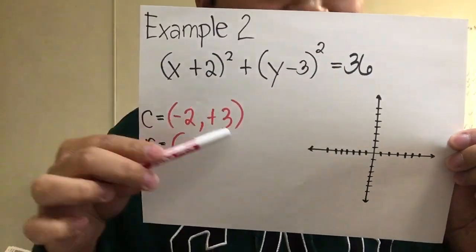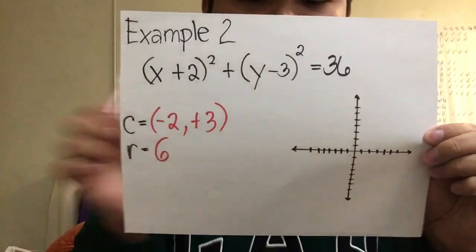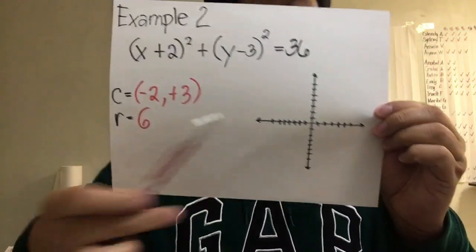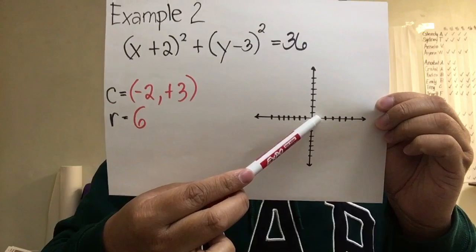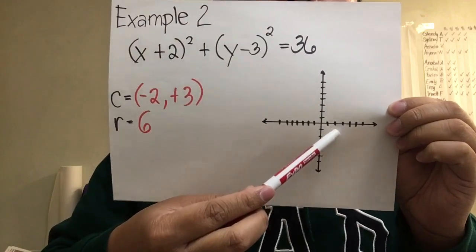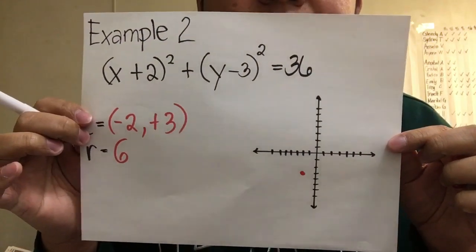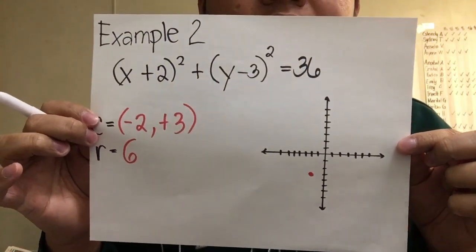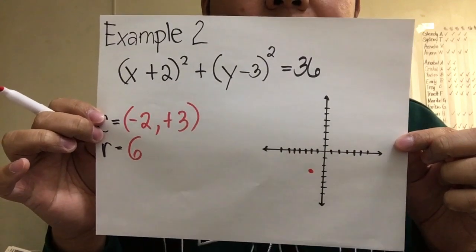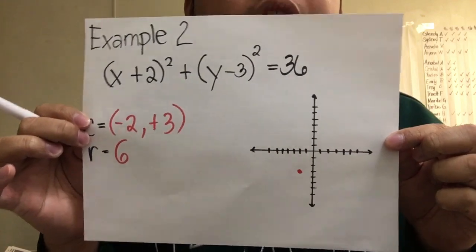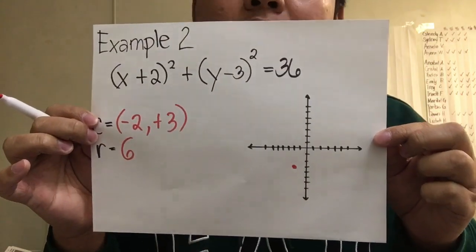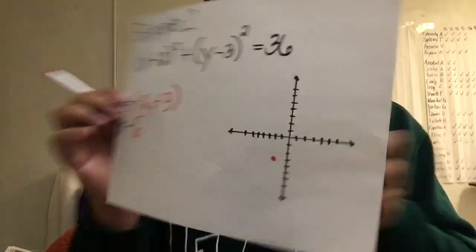Locate -2 and 3. So -2 would be what? -2, then 1, 2, and 3. So let me put a point in that one. And then we will count 6 in all directions: 6 up, 6 down, 6 to the left, 6 to the right. And then we draw our circle.